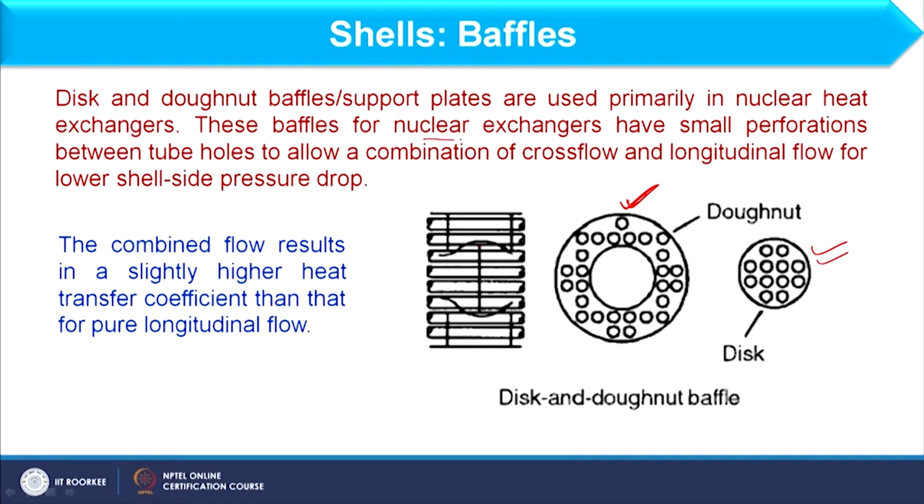These baffles are used in nuclear exchangers, which have small perforations in the tube holes to allow a combination of cross flow and longitudinal flow for a lower shell side pressure drop. So, in between it also has holes so that fluid can pass through these holes and move longitudinally along with the cross flow like this, okay. So, these are different types of baffles.